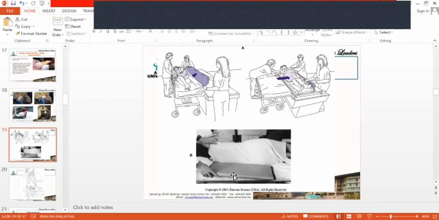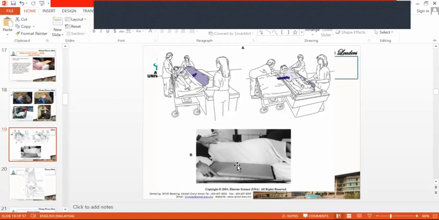So there will be a lot of rolls here, and the rolls will be able to spin over an axis. So this type of transfer is normally done from a hospital bed to a stretcher or a stretcher to a hospital bed. Normally in an operation theater, they will be doing this kind of transfer.